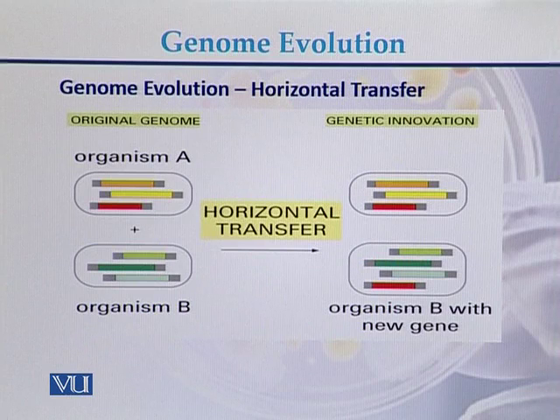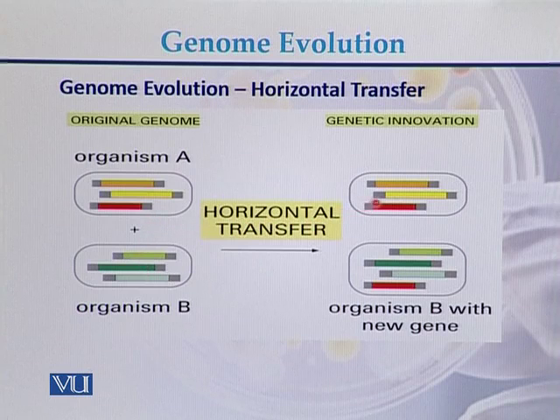Genome evolution can also be due to horizontal transfer. Let's say this is organism A, and this is organism B. The genes in organism A are shown with different colors, and the genes in organism B are shown with different colors.